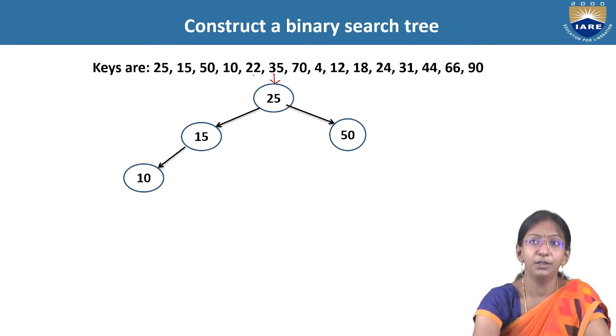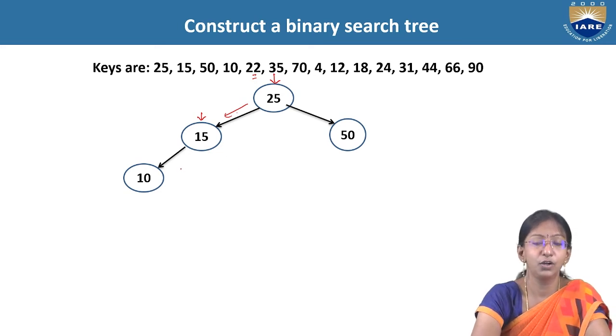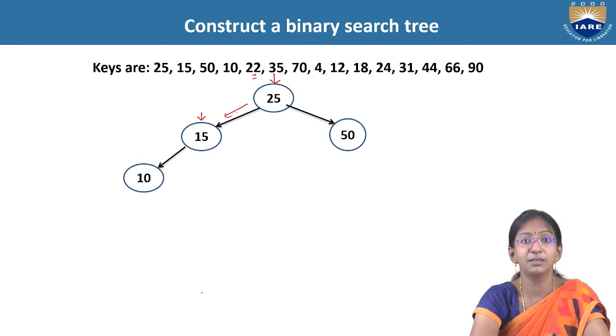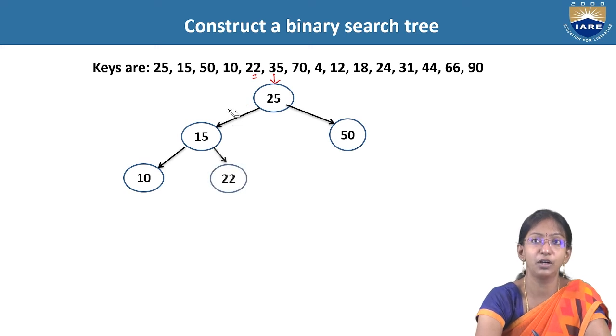Right? Compare it with 25. That is the root. As it is lesser, left hand direction. Compare it with 15. As it is greater, go towards the right direction. Do you have any element as the right child of 15? No. So introduce it as the right child of 15.